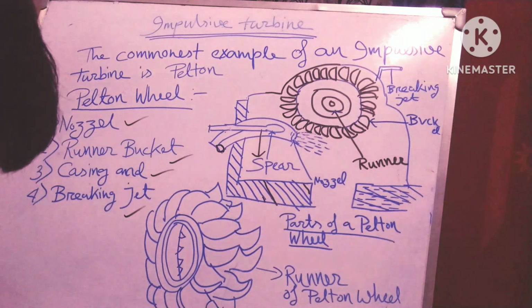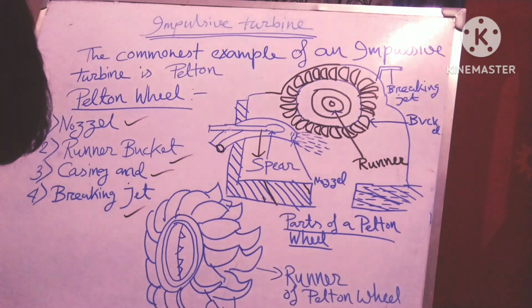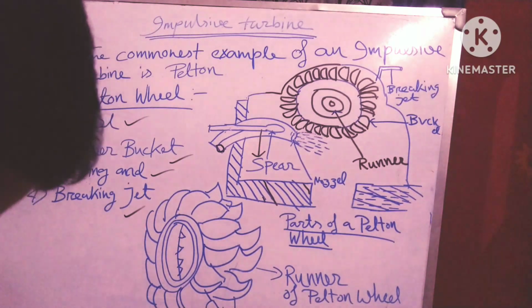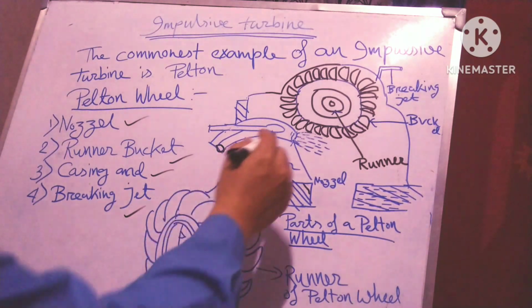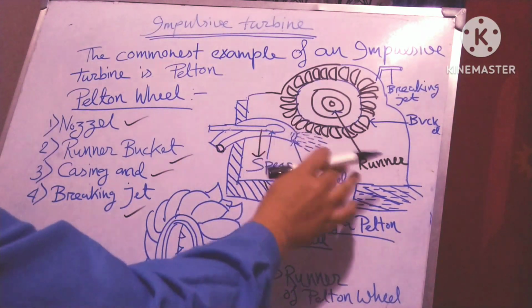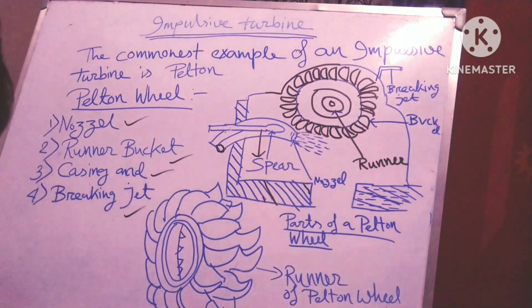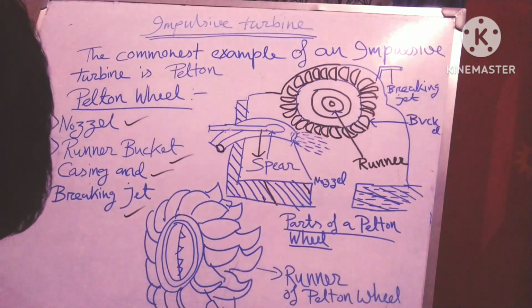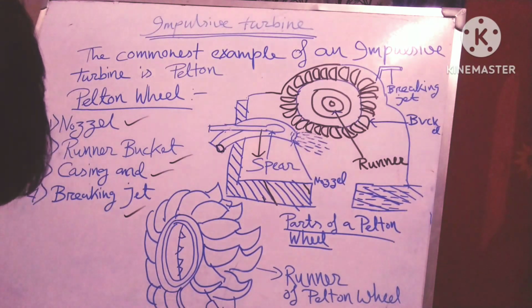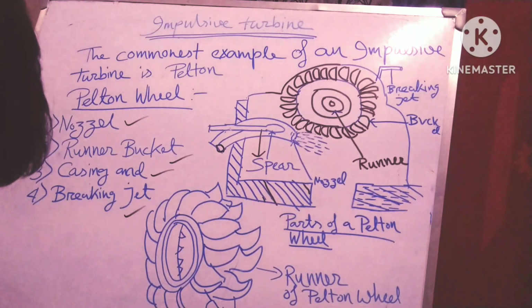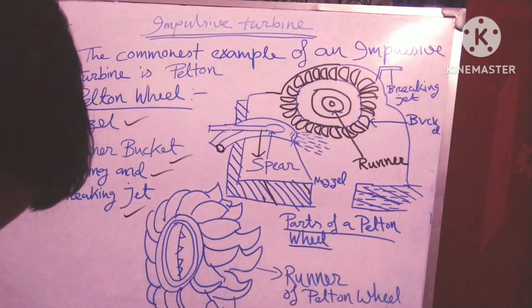The main purpose of the spear is to control and regulate the quantity of water flowing through the nozzle. So this way water is flowing, this is the nozzle and this is the spear. The spear is moving. The movement of the spear is regulated by hand or by an automatic governing arrangement depending upon the requirement.